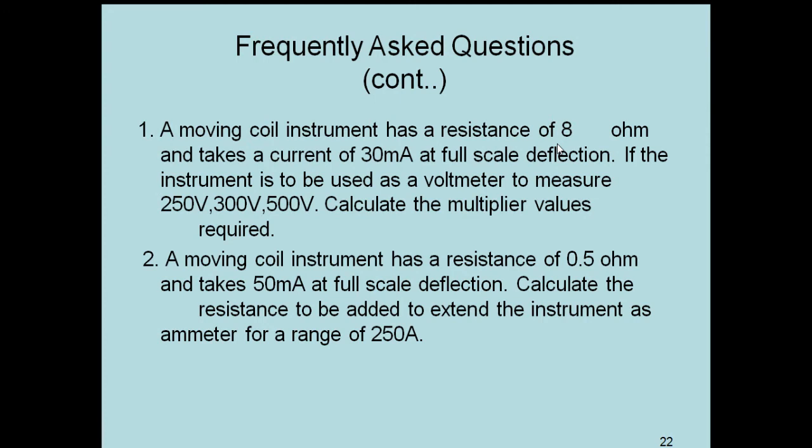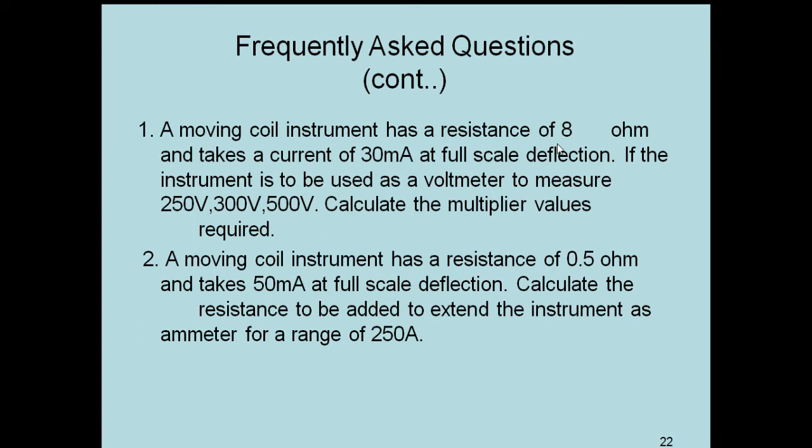Okay. So meter resistance is 0.5 ohms. Current rating is 50 milliamperes, and in this case the voltage rating of the meter will be 50 milliamperes into 0.5, so it will be 25 millivolts, and the current rating is 50 milliamperes.